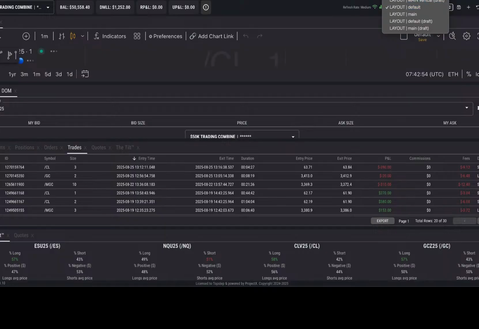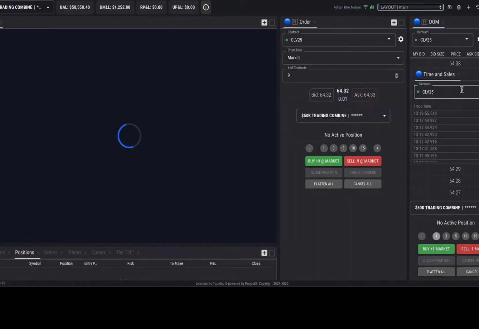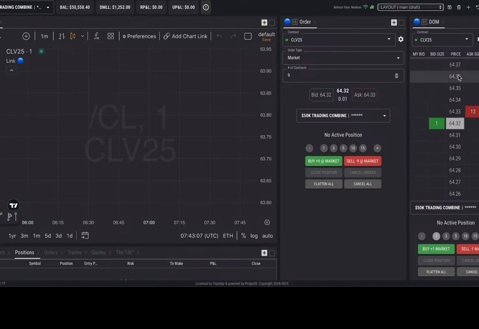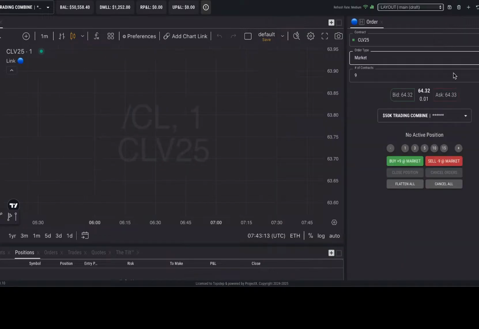Yeah, we need the. This is not the default one. Main vertical. Main scale doesn't matter. I don't know, man. Orders. Yeah, this is what we want.